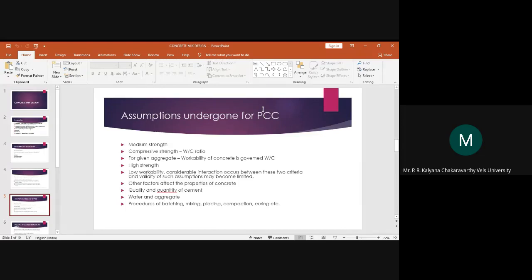Also quality. If you are designing, for example, M30 grade concrete and the quality of cement is not up to that grade, ultimately you won't achieve the strength after the hardening of concrete, you won't achieve 30 Newton per mm square. After 28 days of curing, you will achieve 95% of strength.